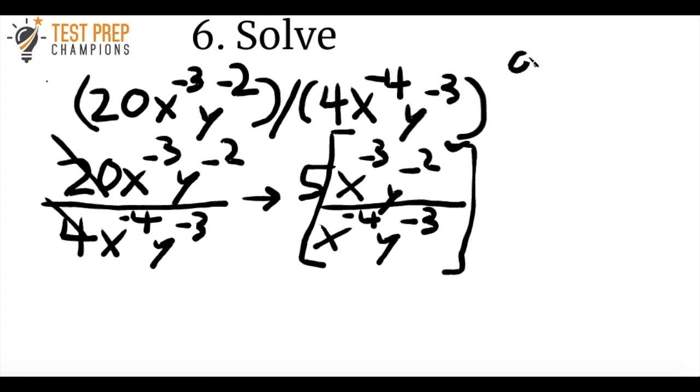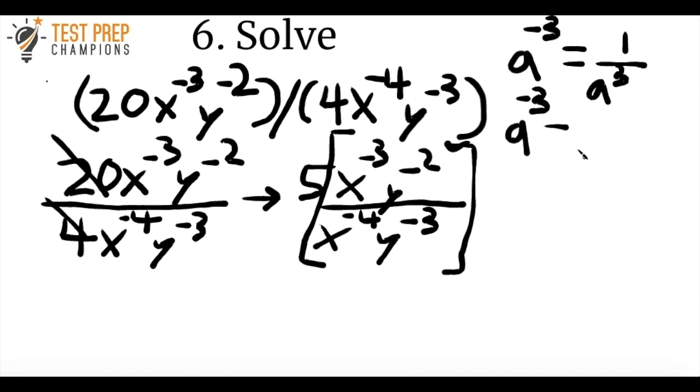Any number raised to a negative exponent, so let's say some number a raised to the negative 3, is equal to 1 over a raised to the positive 3. This is an important exponent rule to understand. Also, if we have any number a raised to the positive 3, that's the same as 1 divided by a to the negative 3.